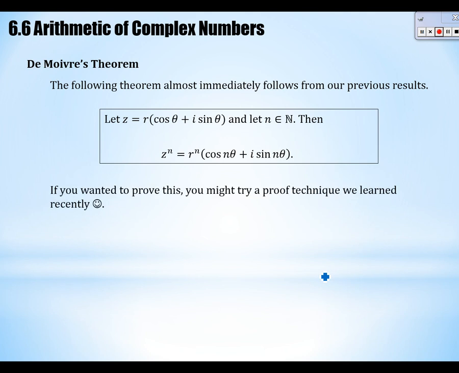Maybe using some proof technique we've learned recently. All right, try that when you have a spare moment later today. Try proving this result. Regardless of whether you prove it or not, it should still be intuitive to us, right? We've already taught you how to multiply, so this is just a special case of multiplication, isn't it? Okay.